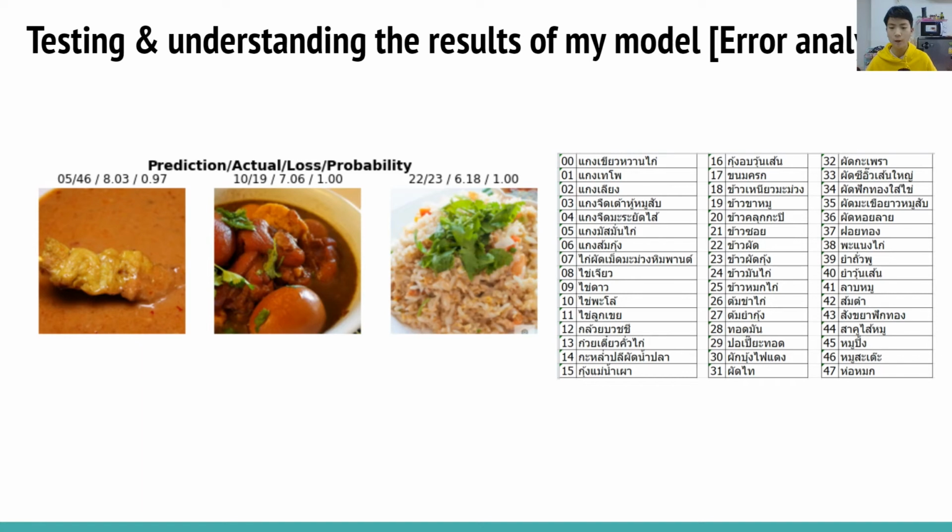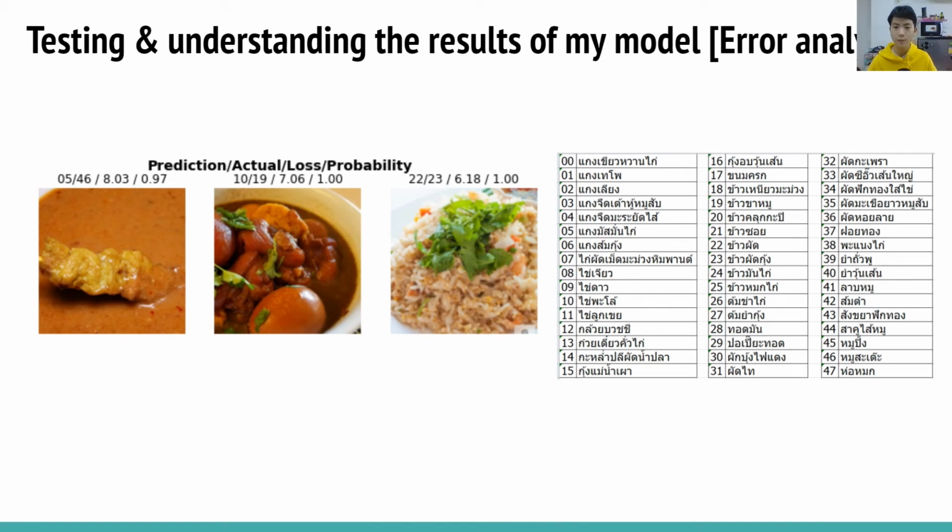But you can see that the errors are pretty reasonable too. For the second one, if you ever ate these two dishes, you'll know that they are almost the same thing. It is actually khao kamu, but my AI thought it was, where is it? Oh, number 10 is khai palo, and these two are very similar.